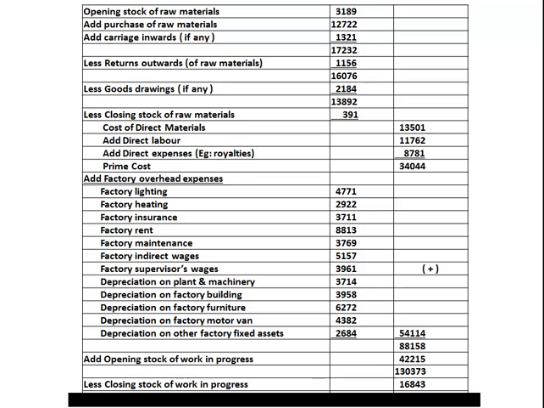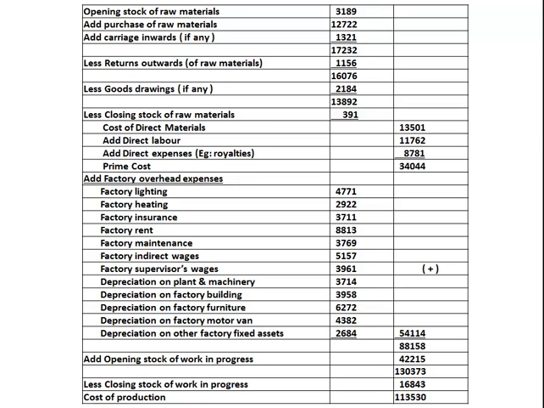Less the closing stock, what we've got left in the stores that have been completed but not sold yet. That's the closing stock. So the cost of production is 113,530.